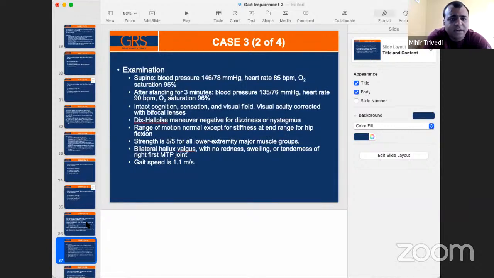Visual acuity is corrected with bifocal lenses. Dix-Hallpike maneuver is negative for dizziness or nystagmus. Range of motion is normal except for stiffness at the end range for hip flexion. Strength is 5/5 for all lower extremity major muscle groups. Bilateral hallux valgus with no redness, swelling, or tenderness of the right first MTP joint. Gait speed is 1.1 m/s.